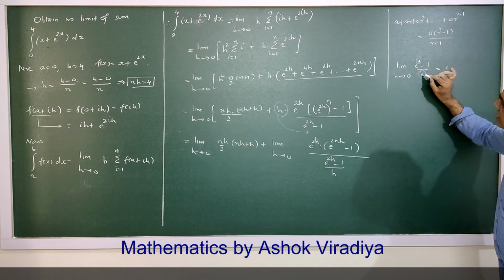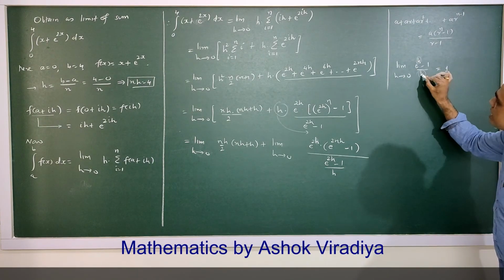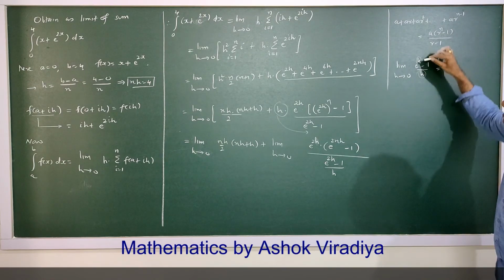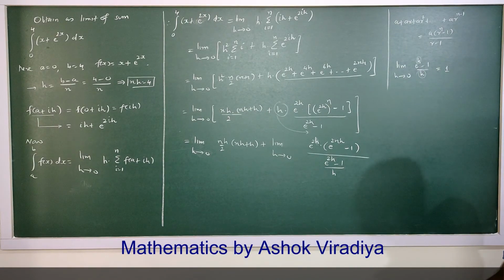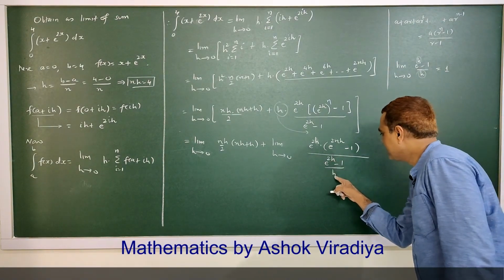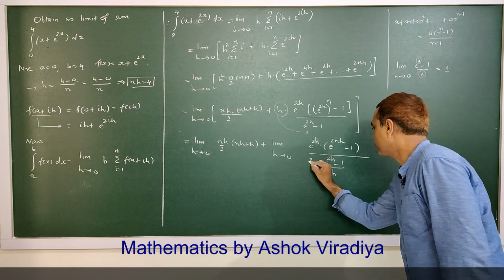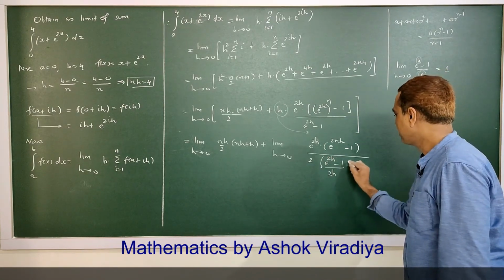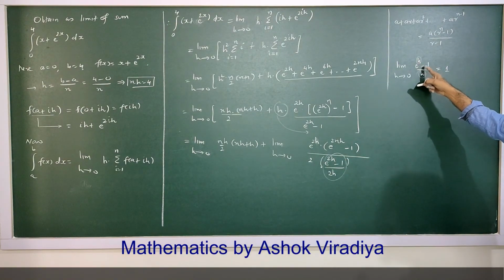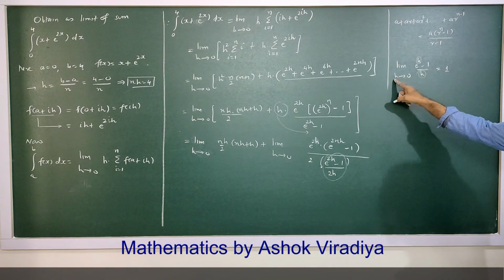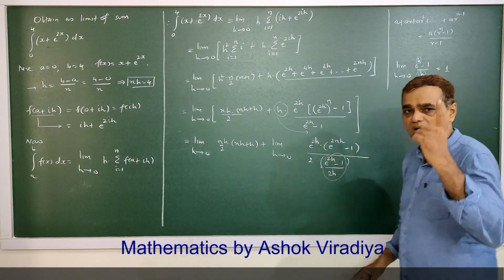If here h is given, here h is required. If here 2h is given, here 2h must be there in the denominator. If 3h is given, whatever is here, the same number should be here. So here, because 2h, we need 2h here. So multiply by 2, divide by 2. Now this is the pattern of the formula, e raised to 2h minus 1 upon 2h, and 2h tends to 0 because h tends to 0. So this will be 1.